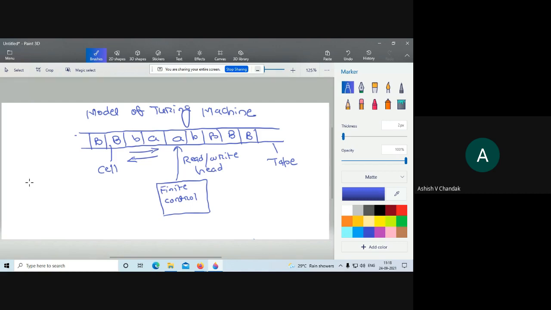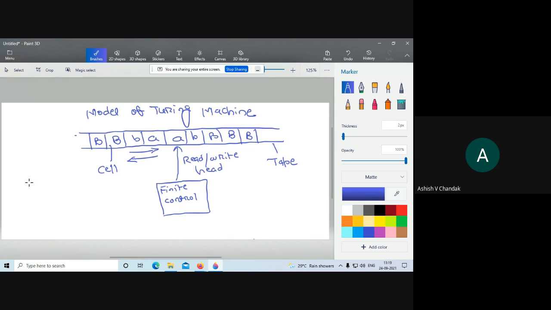But there is one problem in the Turing machine. The problem is that a Turing machine can halt or cannot halt. What does it mean? Finite automata stop on a final state, pushdown automata stop on a final state. In the same way, in a Turing machine there is also a final state.